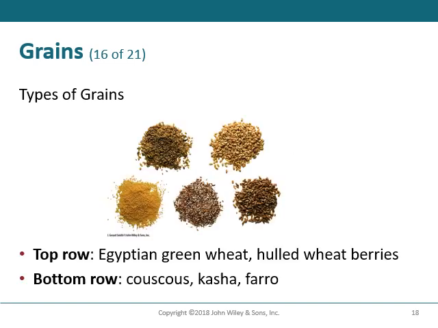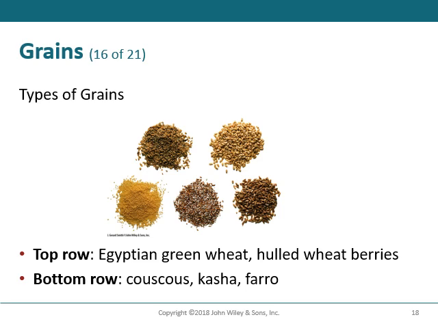So here are some pictures. Again, I think the pictures in your book might be easier to recognize what's going on in there. We've got Egyptian green wheat on the top left and wheat berries. You can see they look a little bit like a fat rice, right? Grains are grains. Couscous on the bottom left. Again, it looks like a grain, but it's just a tiny little ball of pasta.